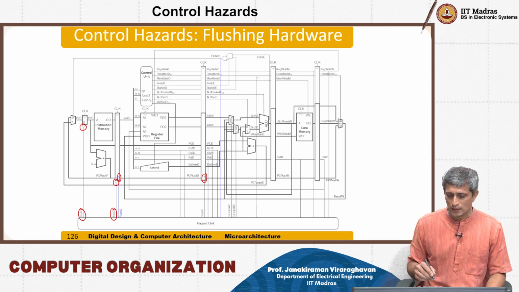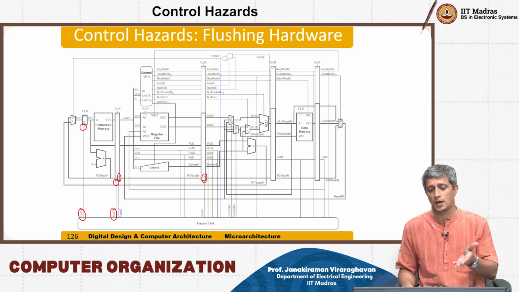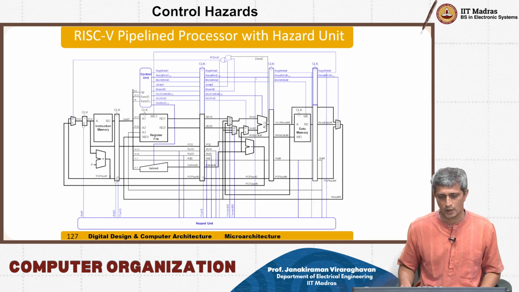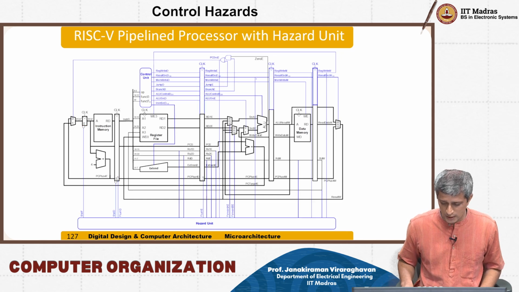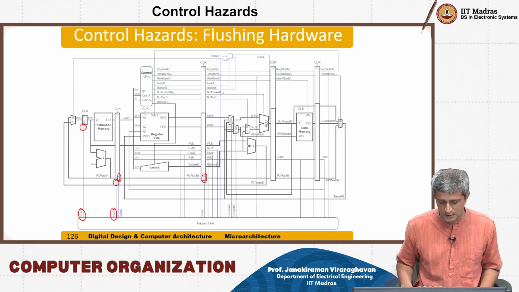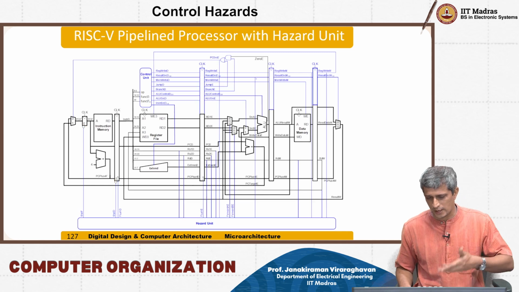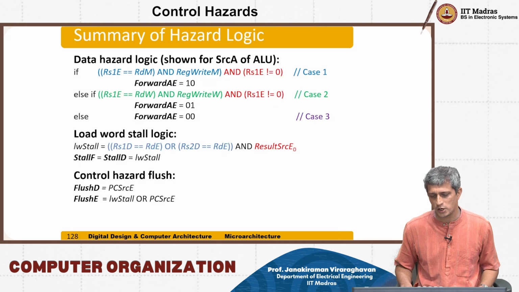So with that, what we have been able to do is to implement our hazard unit. If you look at this, the RISC-V with the hazard unit, all the signals are shown here, and they control the forwarding, they control the branch on equal and all that.